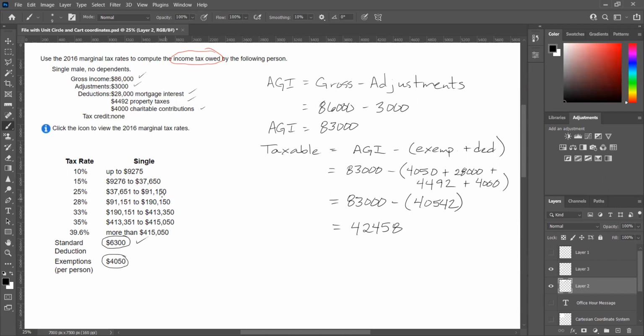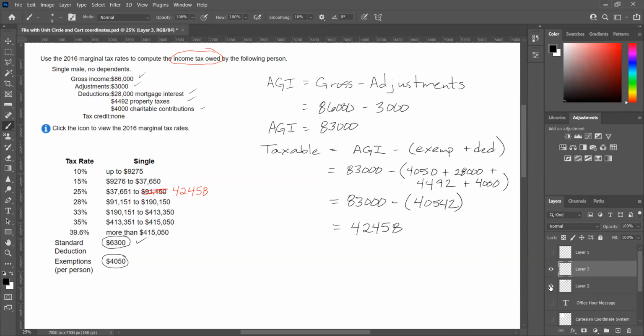That's the amount we're going to bring in here, and 42,458 fits in this bracket. It's smaller than the 91, so I'm going to rewrite that. 42,458. And now I need to figure the tax in each of those brackets.